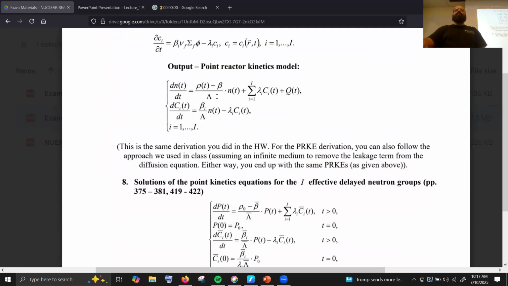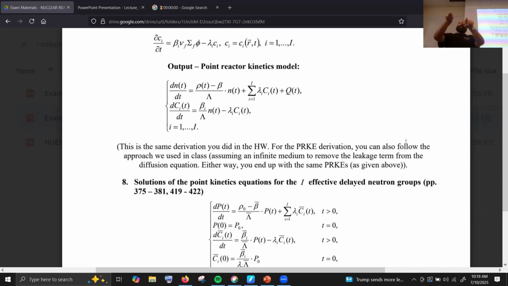When you do the more sophisticated derivation of the point kinetics equations, what you should have seen on homework 5 is that n of t can actually represent any kind of amplitude function. That means it doesn't just have to be the neutron density. It can be any integral quantity in our reactor.